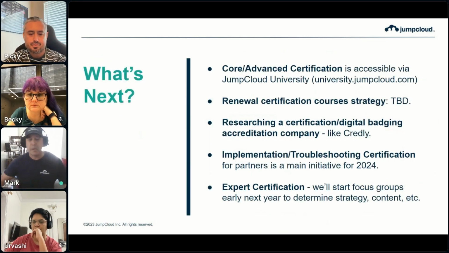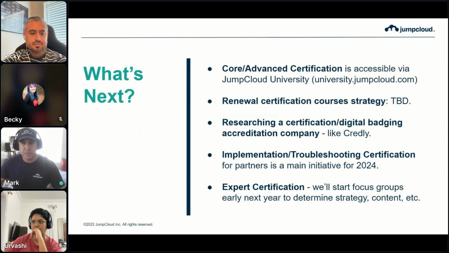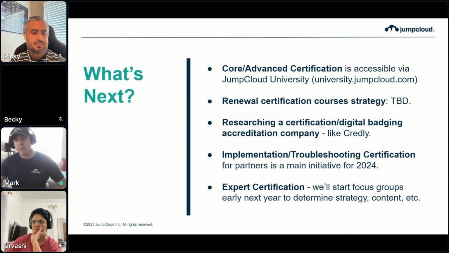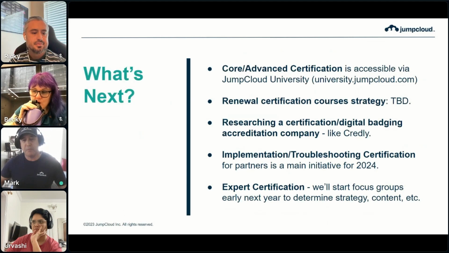So what's next? As I mentioned, the core and advanced certifications are now accessible through JumpCloud University at university.jumpcloud.com. Our renewal certification strategy is obviously going to be TBD. We're researching the possibility of including an accreditation company like Credly with our certifications, so folks can easily access the certifications through Credly and share them through social networking platforms.